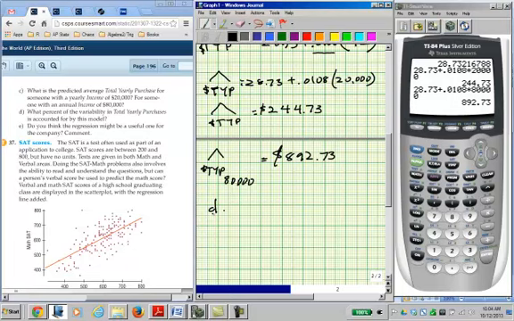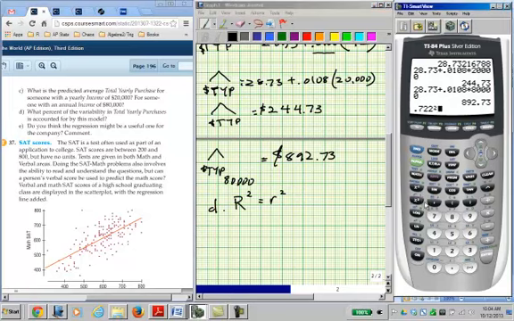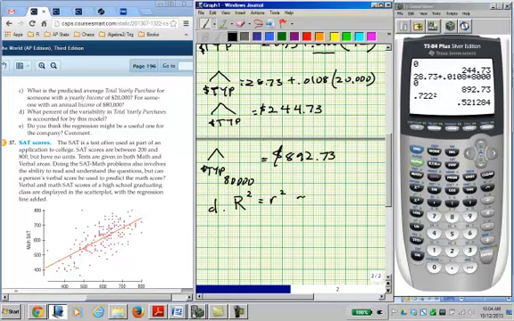The percent of variation in general that's accounted for by the model is called R squared, which equals R squared, 0.722 squared, which is 0.52. Let's call it approximately 0.52.